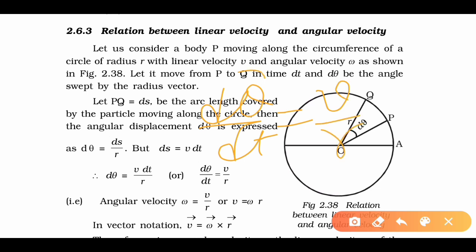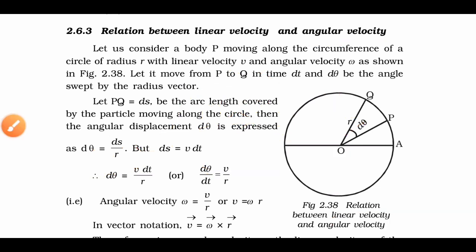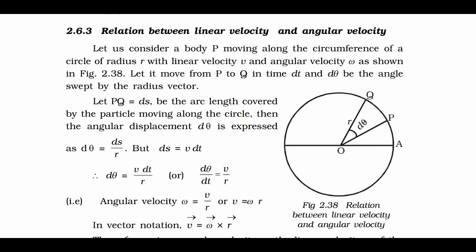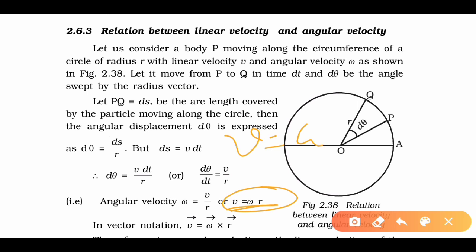Again we know that d theta upon dt is denoted by omega, the angular velocity. So omega equals v upon r, or linear velocity v equals omega r.